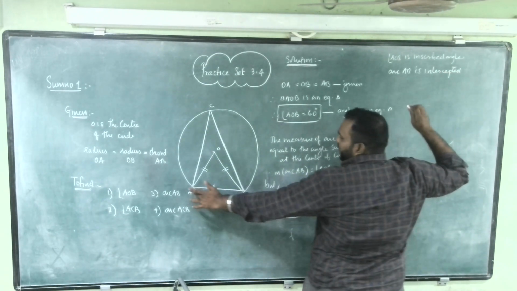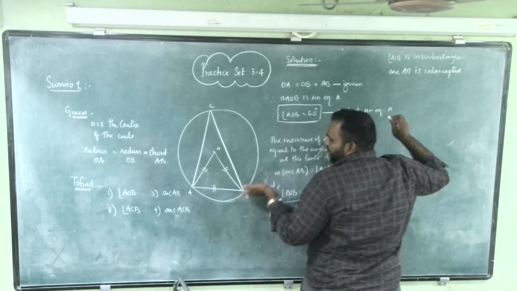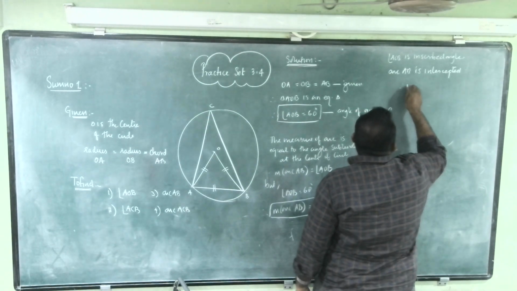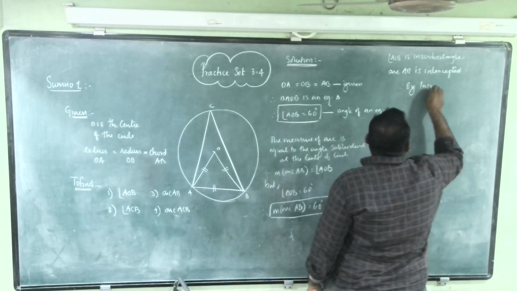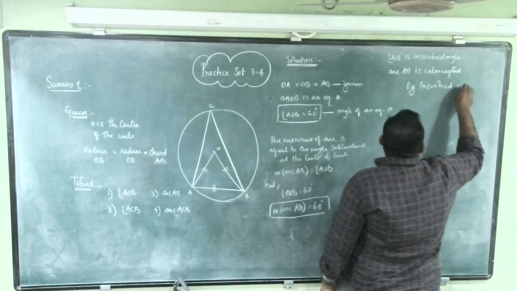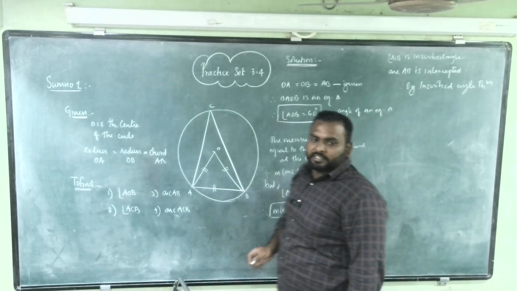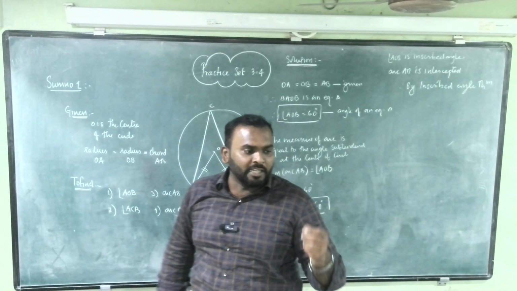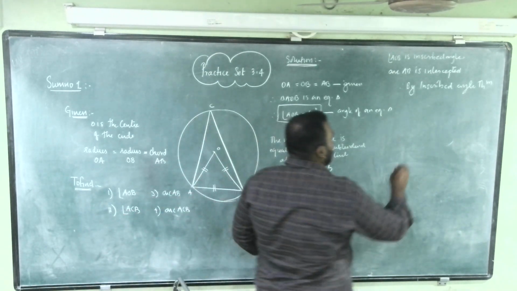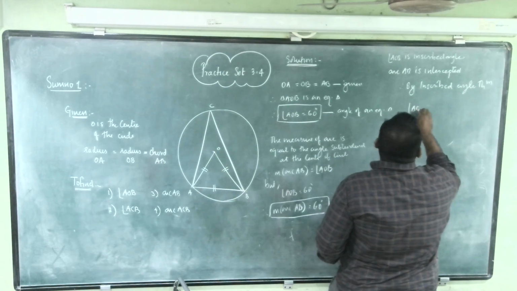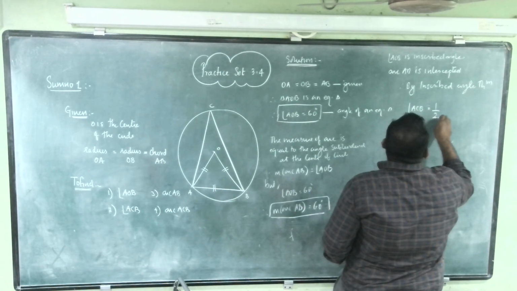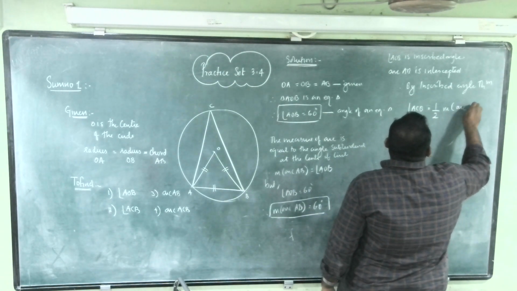Here ACB is the inscribed angle, AB is the intercepted arc. Therefore, by which theorem? By inscribed angle theorem. What does the inscribed angle theorem say? The measure of the inscribed angle is half the measure of the intercepted arc. So angle ACB will be equal to half measure arc AB.